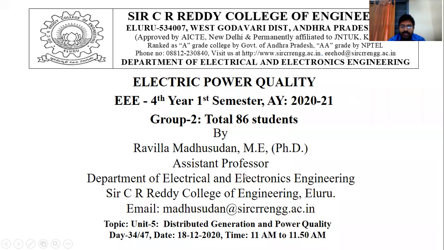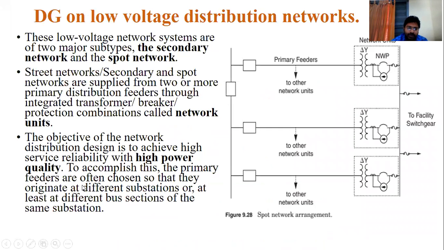You know that we are in the fifth chapter. We are already discussing how distributed generation plants, as small generating plants, are helpful to improve the power quality. Today our topic for discussion is DG, nothing but distributed generation on low voltage distribution networks.